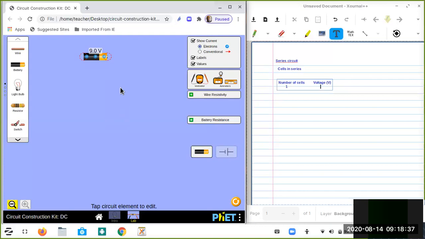Let's check by using a voltmeter. This is the voltmeter that I have on my simulation, so we can measure the voltage across the cell. You can see here the reading from the voltmeter, it's 9 volts.